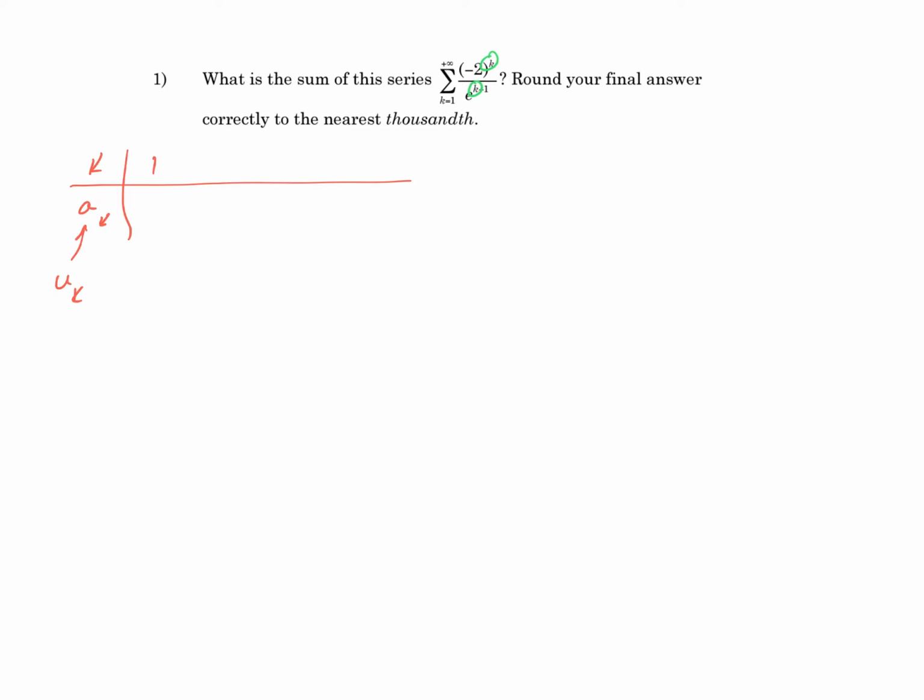So when k is 1, a sub 1 is negative 2 over e squared. When k is 2, we have 4 over e cubed. When k is 3, and that should be enough to determine the common ratio.